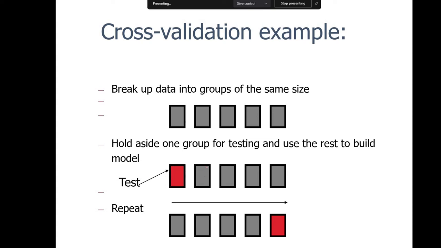Next time, you can take the second fold as the test data set, and the remaining can be taken for training. That means you can build 5 decision trees and then get the average accuracy. So this can be used for small to medium data sets, which takes the maximum out of the data.